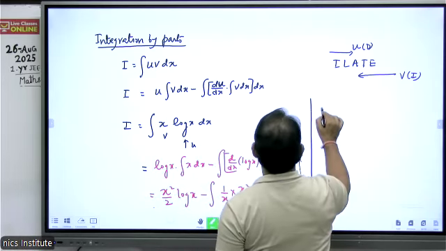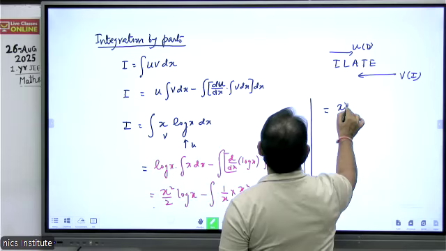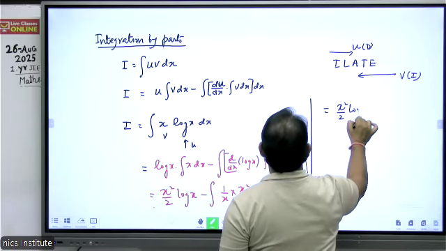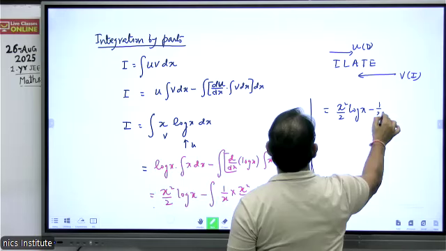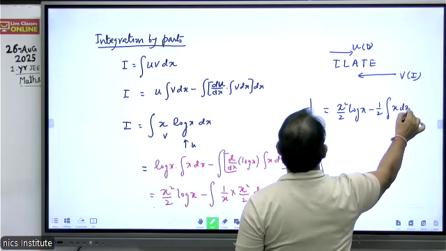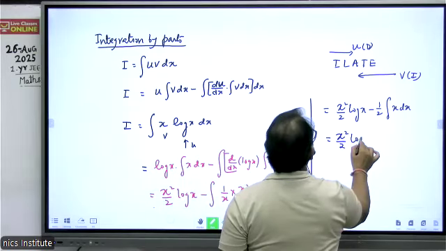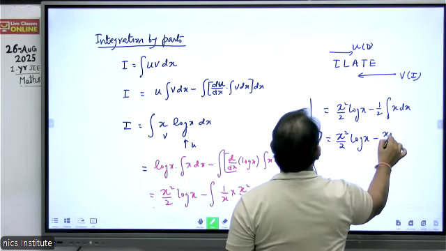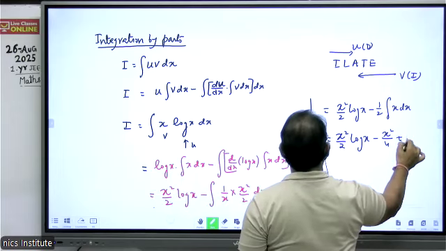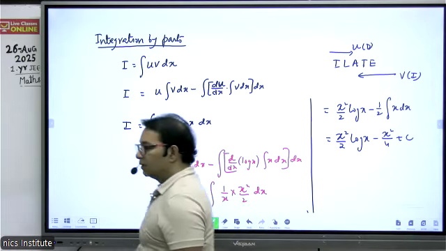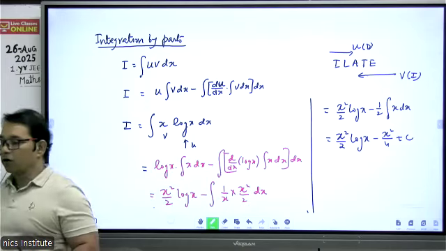So now it is x square by 2 log x, 1 by 2 out, integration of x dx. X square by 2 log x minus x square by 4 plus c. So this is the integration of x log x.